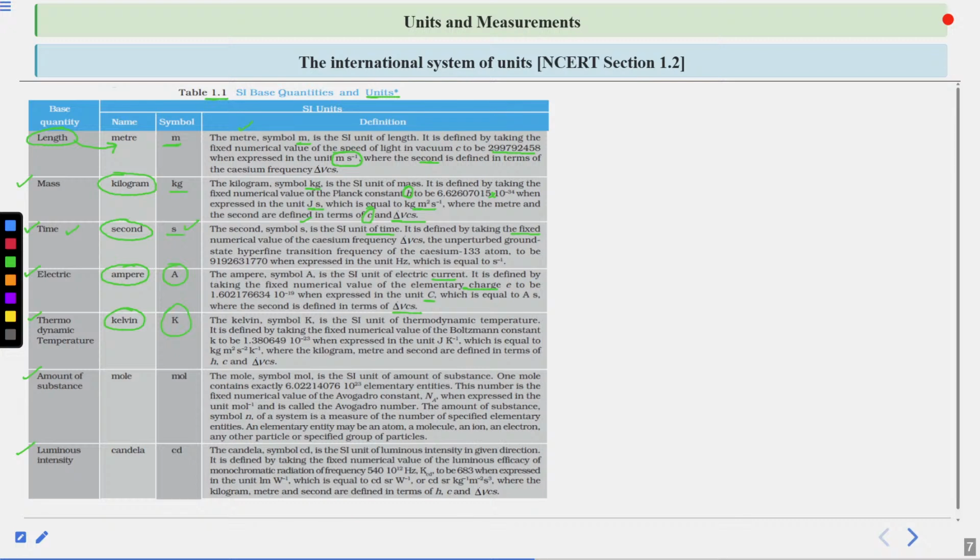So Kelvin, having symbol K in the SI system, is the unit of thermodynamic temperature, and is defined by taking the fixed numerical value of the Boltzmann constant k, when expressed in unit joule per Kelvin, which is equal to kg meter square per second square per Kelvin, where the kilogram, meter and second are defined in terms of h, c and the caesium frequency. Clear?